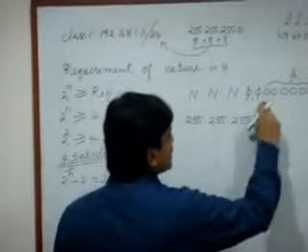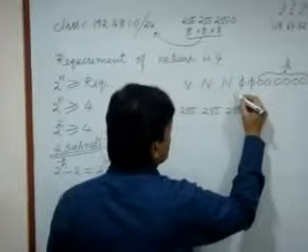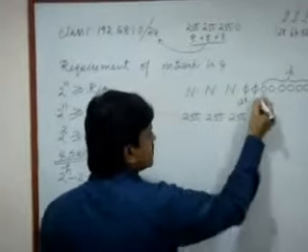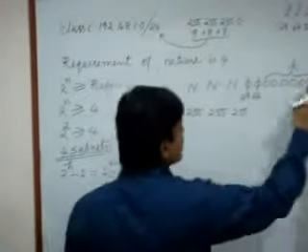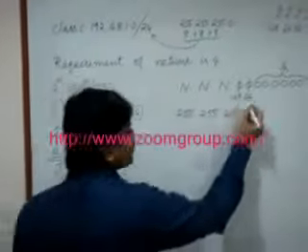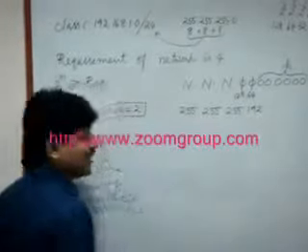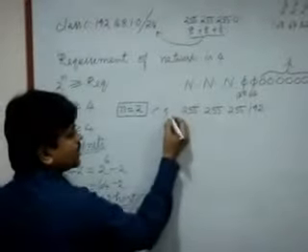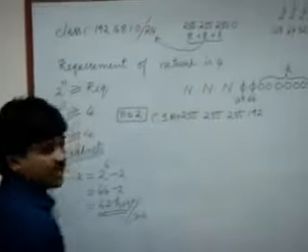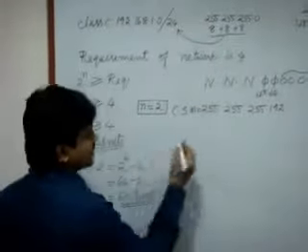But here we have some ones, so first we assign values for these ones. 2 power 7 is 128, 2 power 6 is 64, and the rest of the bits will become 0. Now we add these 2 numbers and we get 192. This is nothing but the customized subnet mask.